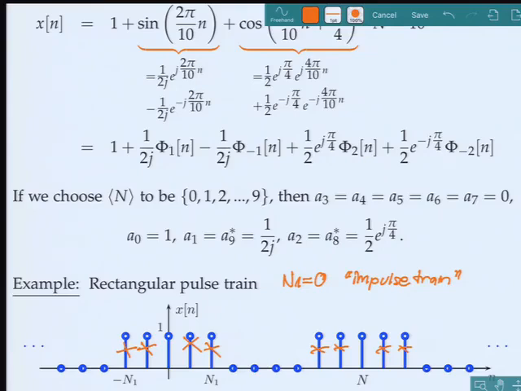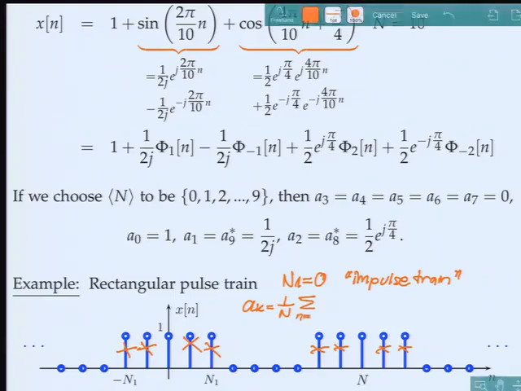So let's do the easy case where N1 is equal to 0. If I apply the analysis equation, a sub k comes from 1 over N, the sum over one period of time.